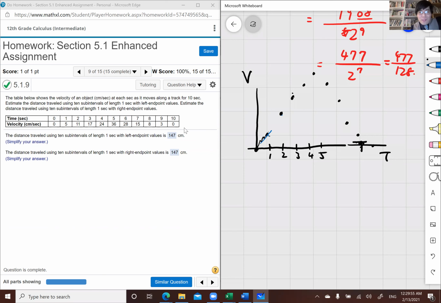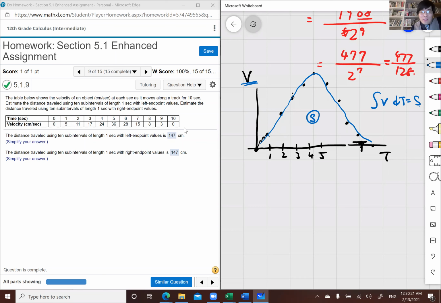Why do we need to find the area under the curve? It is because you remember that when you integrate the velocity with respect to time, you get the displacement, the distance we traveled. So that means that basically the area under the velocity curve is the distance traveled. So we can use the same rule.